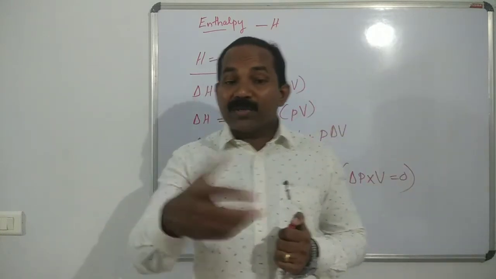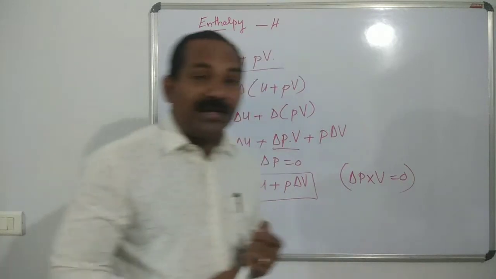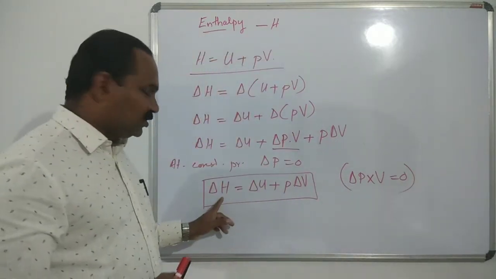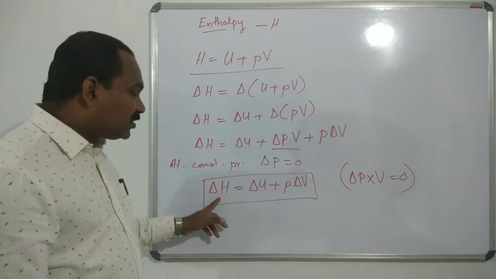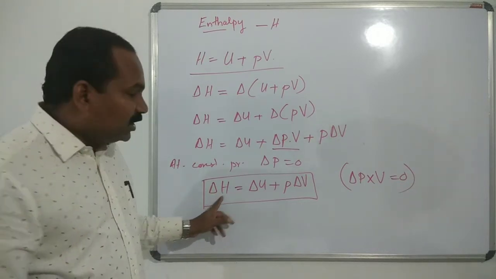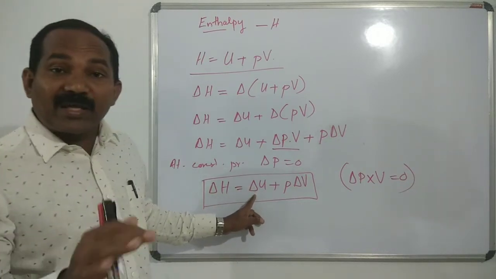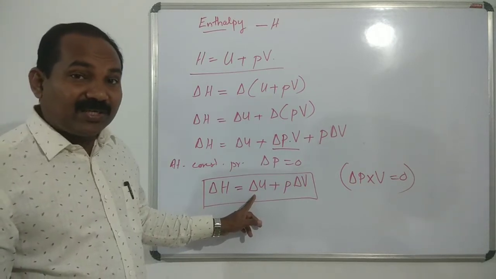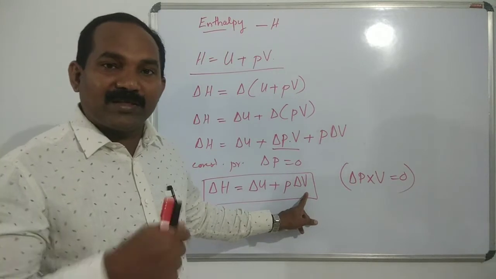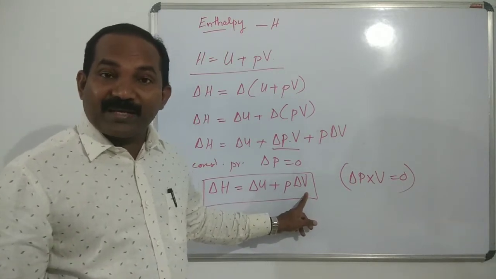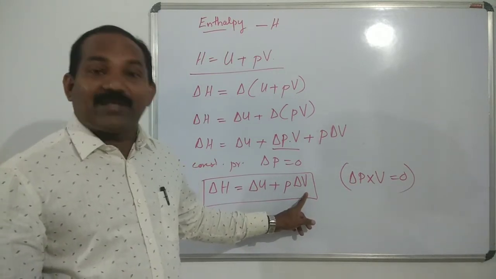We can also define the enthalpy change. What is enthalpy change? Enthalpy change is the sum of the increase in the internal energy and the pressure volume work done. What is P delta V? Work done.